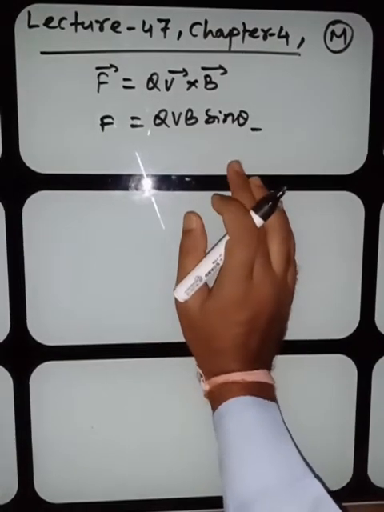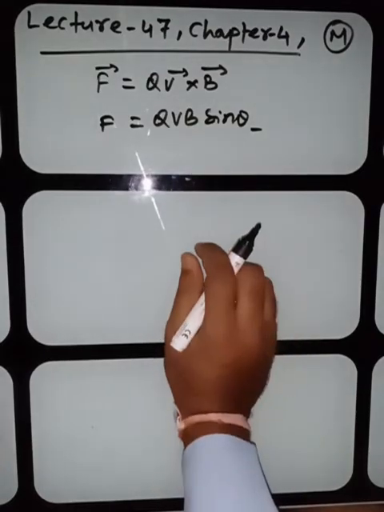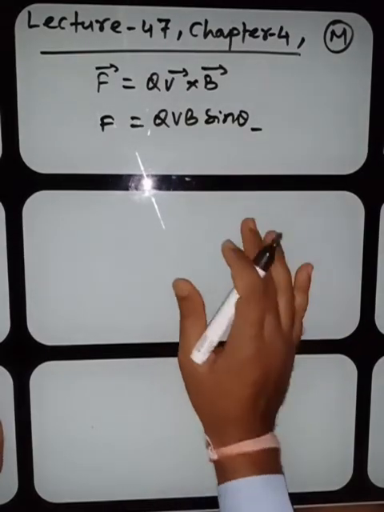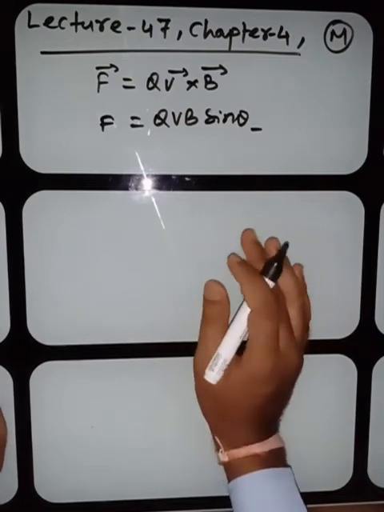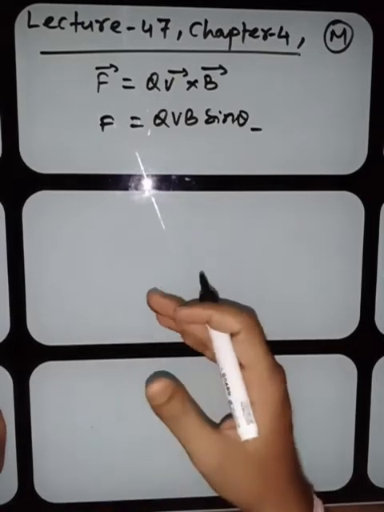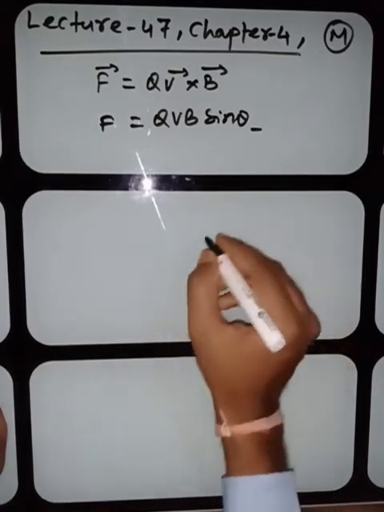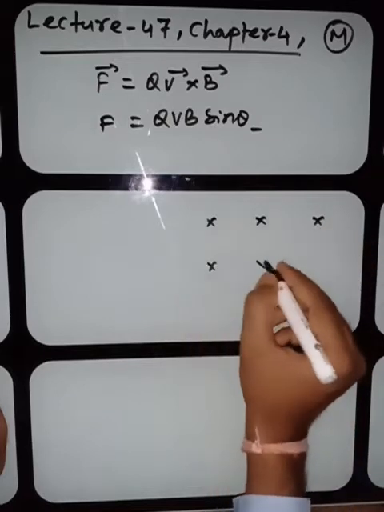Students, now one other very important point you should mention, although I have discussed it. Whenever any charged particle enters into a magnetic field, look here, this is the magnetic field.